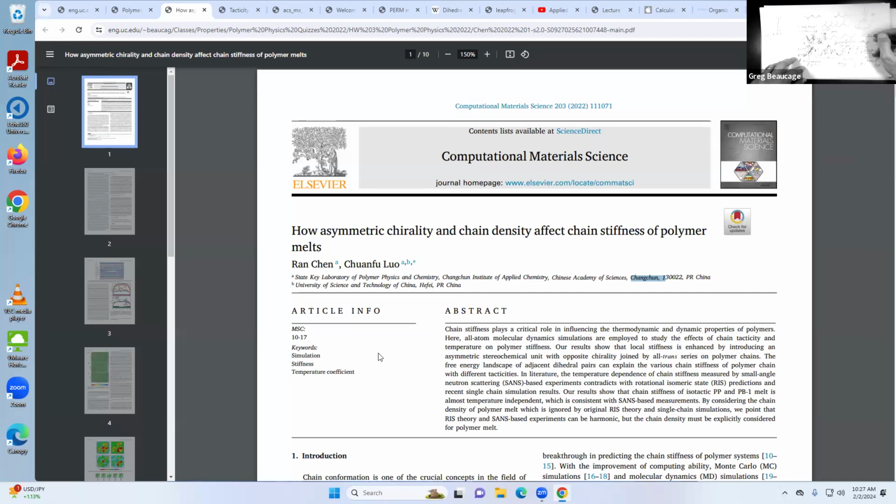So dyads are really the stereochemical base unit, and then triads are two dyads. Then you can get pentads, which would be like R, R, R, R or M, M, M, M. And then you can have any combination like R, M, R, etc. So you can get quite detailed about the stereochemistry.